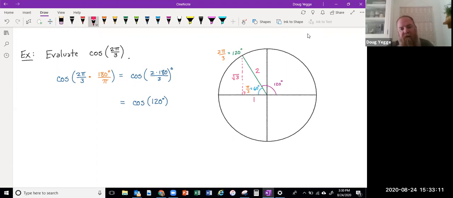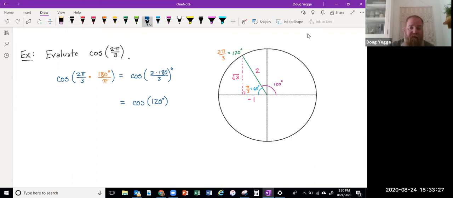This is just our special triangle that we've been using to calculate our trigonometric functions. But be very careful with our signs as well. Since we have gone backwards into the second quadrant, our x-coordinate is -1. Our y-coordinate is still positive because we've moved upwards.